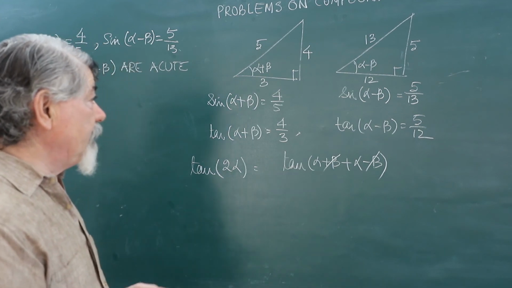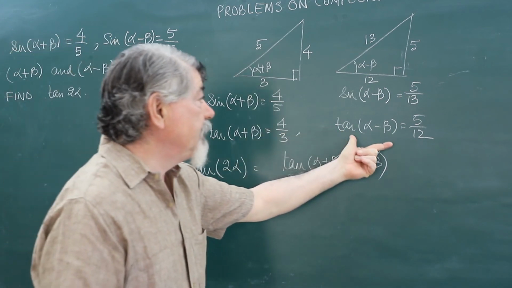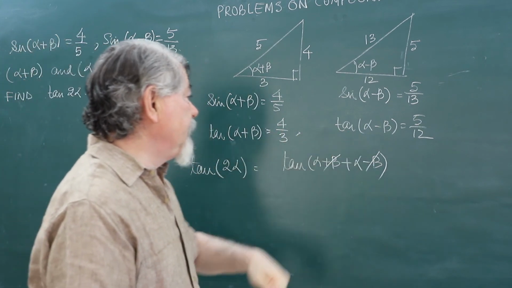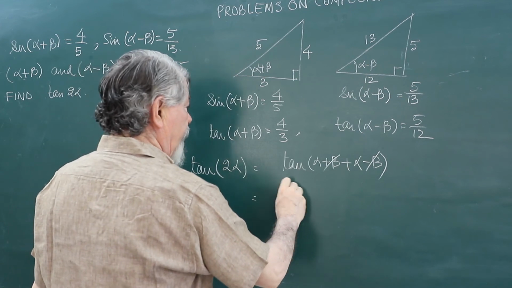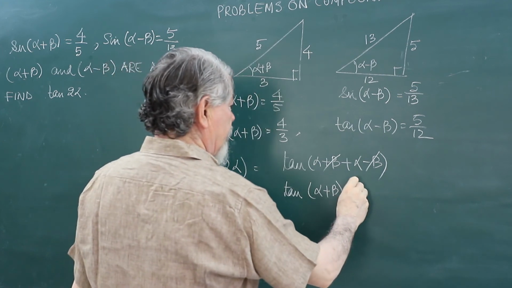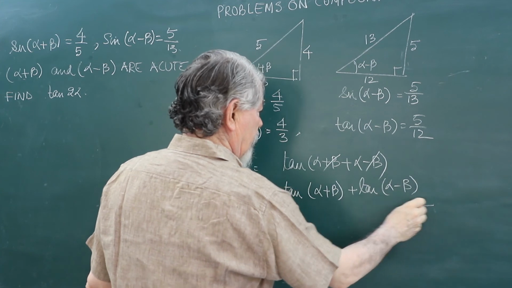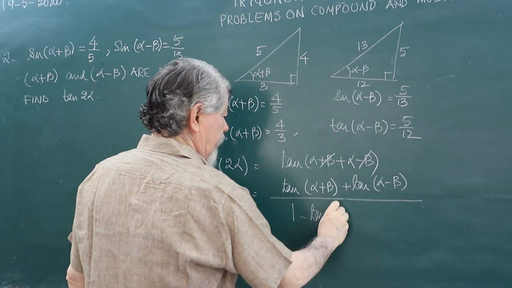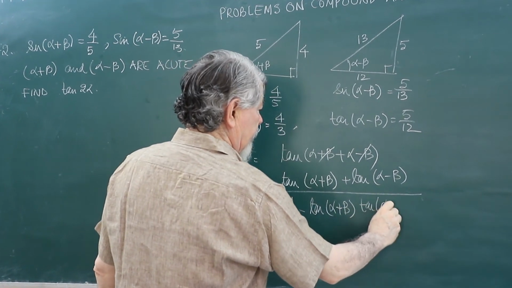So tan 2 alpha will be tan(alpha plus beta) plus tan(alpha minus beta) upon 1 minus tan(alpha plus beta) times tan(alpha minus beta).